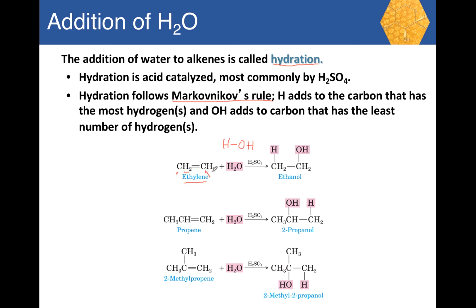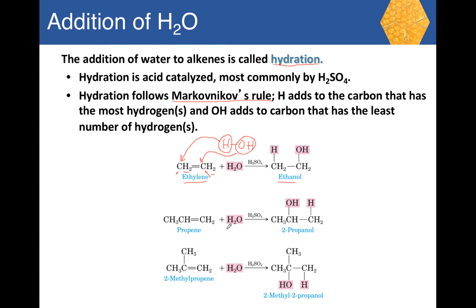Here's the other carbon, two hydrogens. So they have the same number of hydrogens, which means that it does not make a difference here. So this hydrogen can add to that carbon, and this OH negative can add to this carbon to give that as the product. Let's look at this one, however, a little differently.